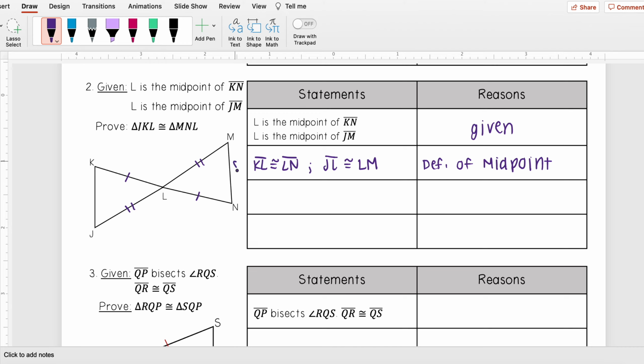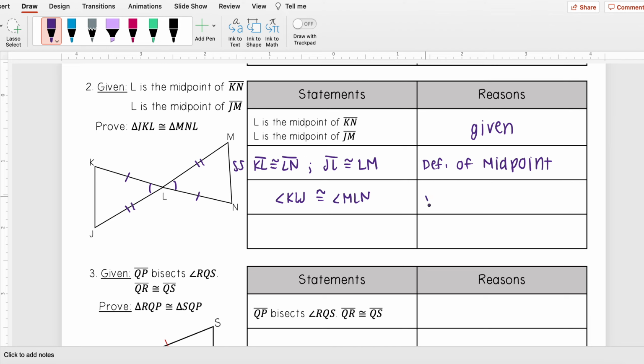So I have two sides here on this line that are congruent. Now I need to somehow justify that this angle that is formed between them is congruent. Well, looking at this picture, I see that those two angles are vertical angles. And we learned in one of our previous units that vertical angles are congruent. So I can then state that angle KLJ is congruent to angle MLN.